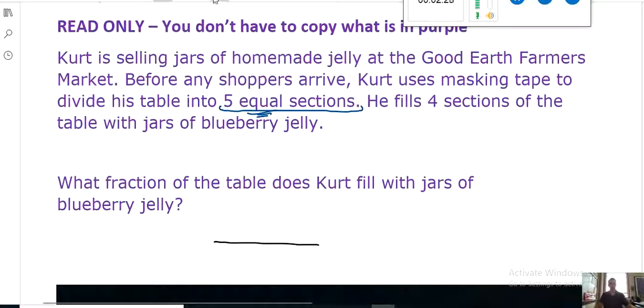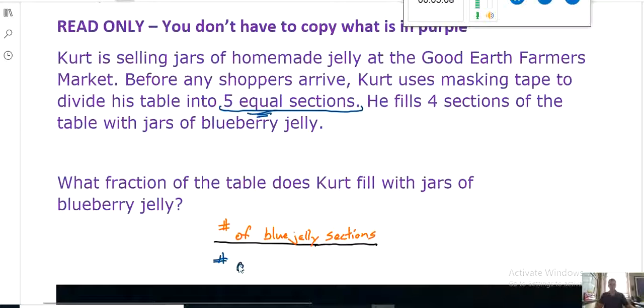On top is going to represent the number of blueberry jelly sections over, so that's the part, because he doesn't just sell blueberry jelly.